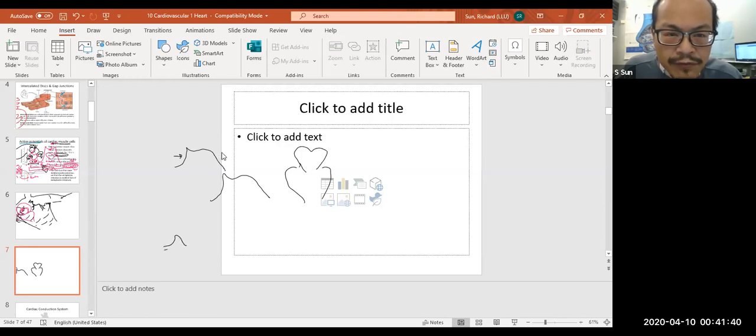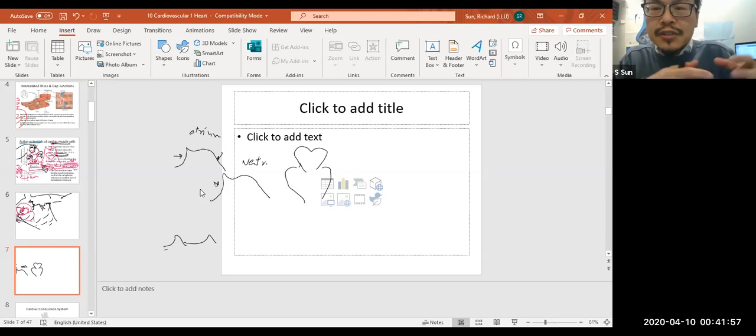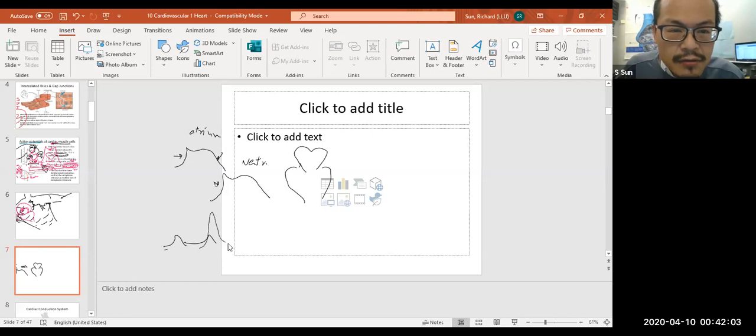Then atrium repolarization causes another wave. Then our ventricle is much larger than the atrium, so its depolarization gives another wave, followed by the ventricle repolarization, another wave.